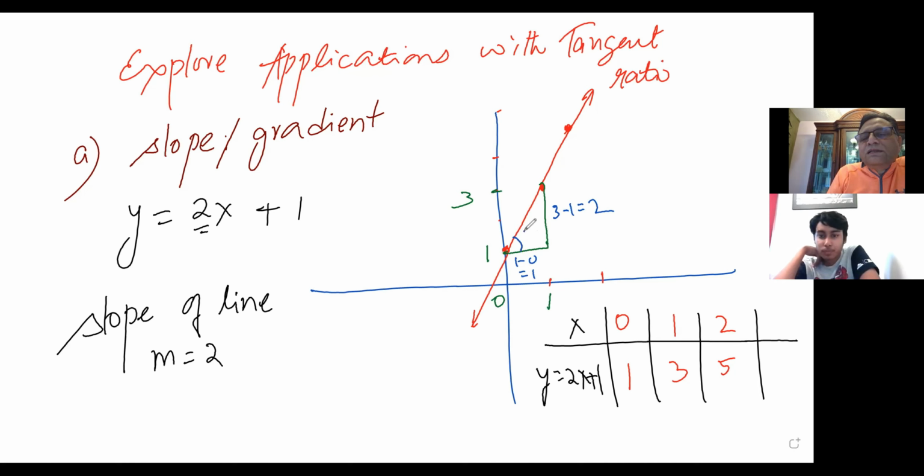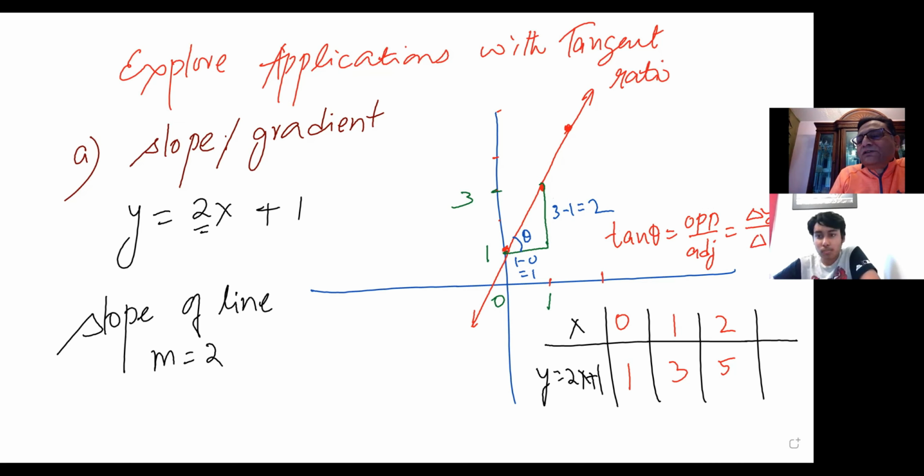Now, what is this angle theta equal to? Tan theta is basically equal to rise over run. Do you see rise over run? Opposite over adjacent, right? Which basically is 2 over 1, change in y over change in x.